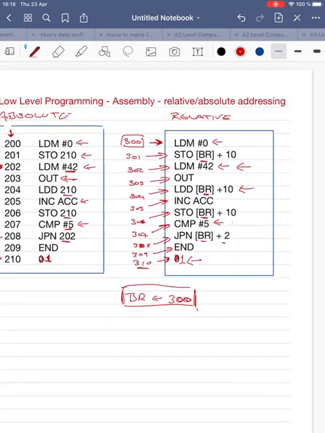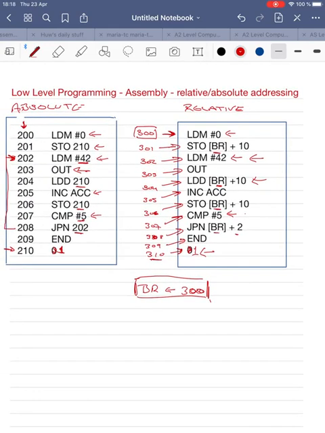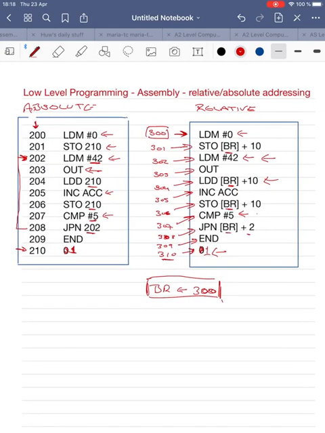And that's really the difference between absolute and relative addressing in low-level programming languages. I hope that makes sense.